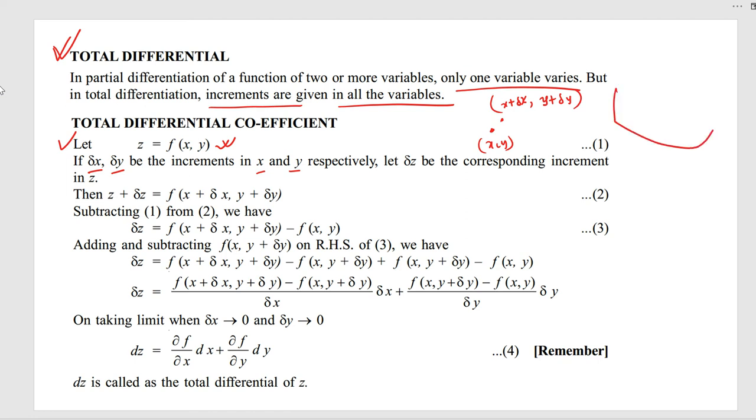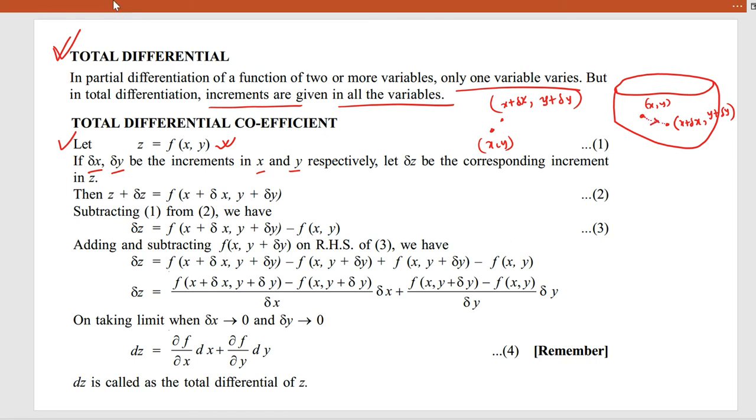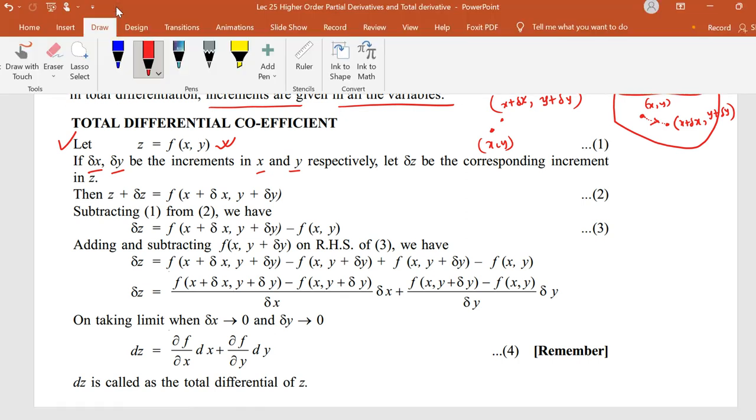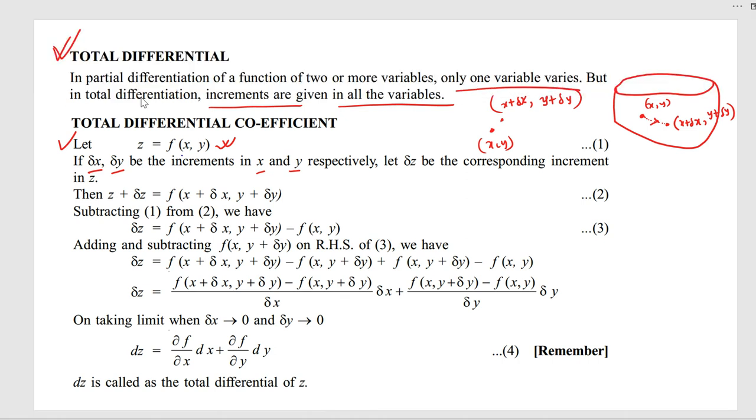So on the surface, here maybe x comma y, then x plus delta x and y plus delta y. If you move from this point to this point, then how much change is going to happen for both?